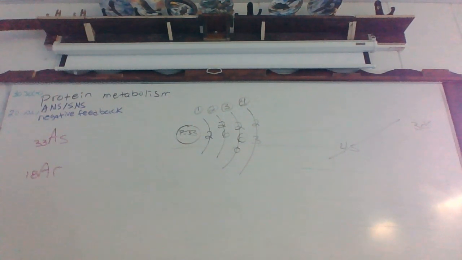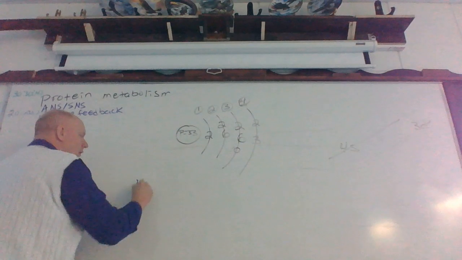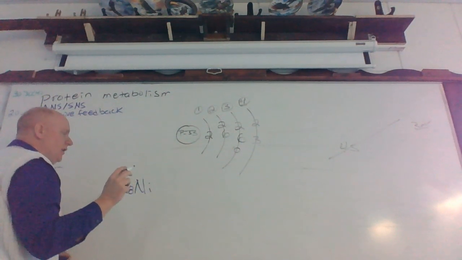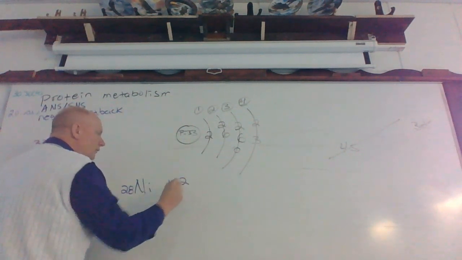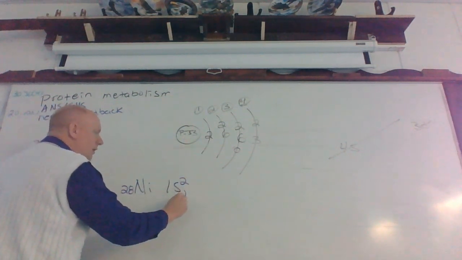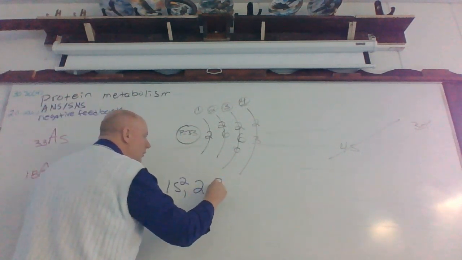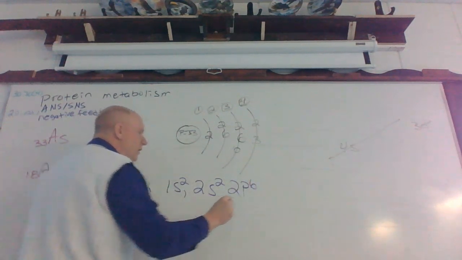So, you had picked element number 28, which is nickel. So if we do the electron configuration, we know we start with 1s2. Then what comes next? 2s2. 2p6, okay? Then what?